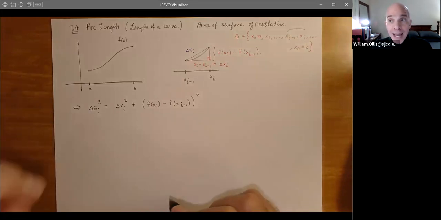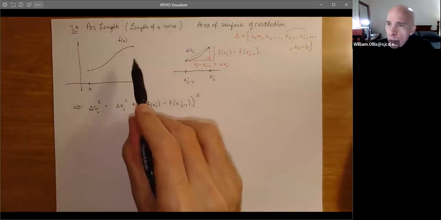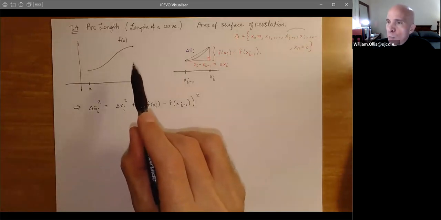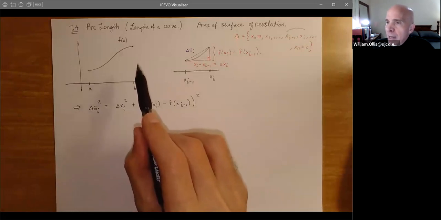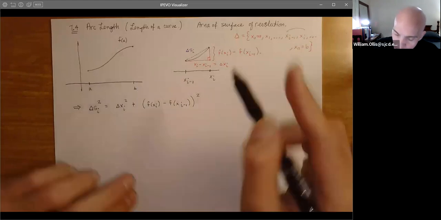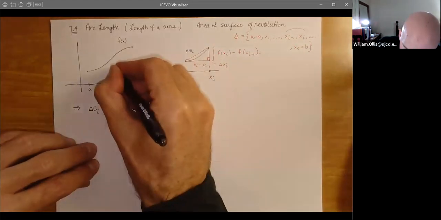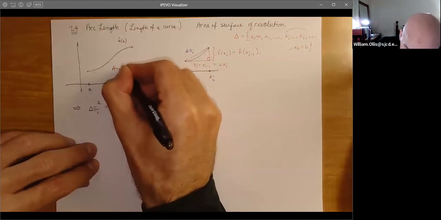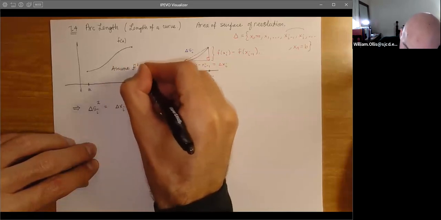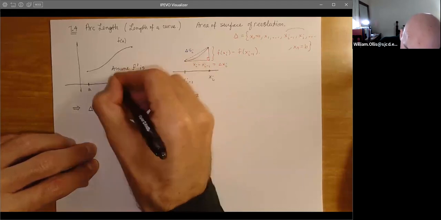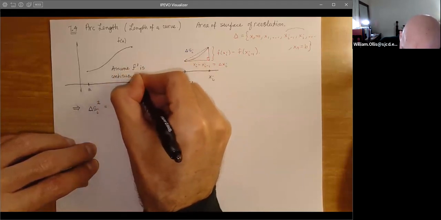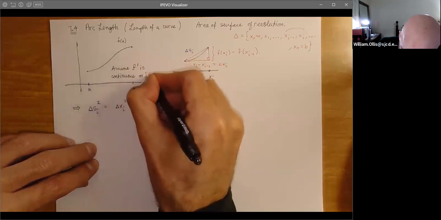Now, another thing that I haven't said, we're going to assume that this curve is what they call C1. That means that the first derivative is continuous. So we will assume that f prime is continuous on [a, b].